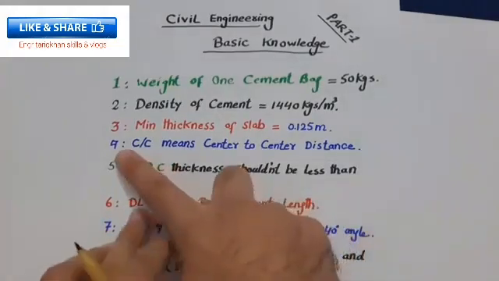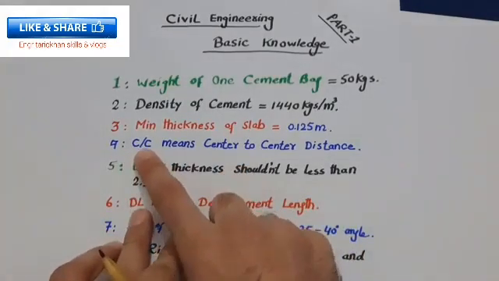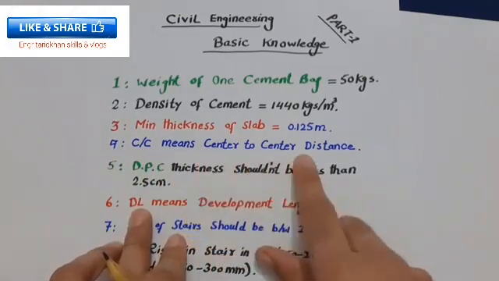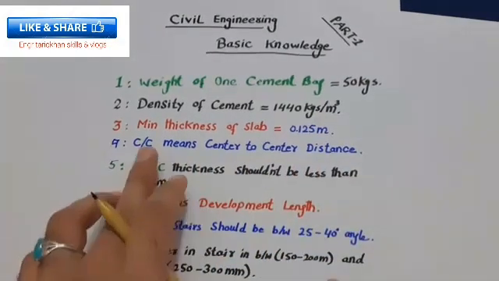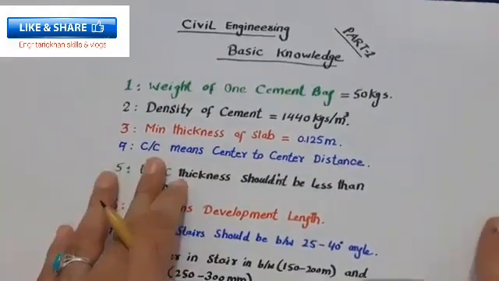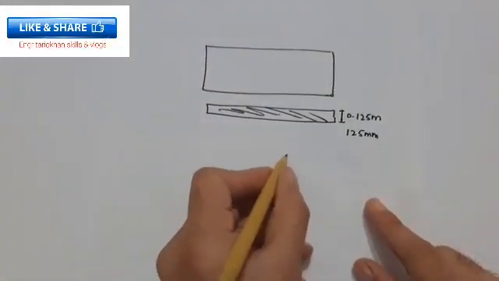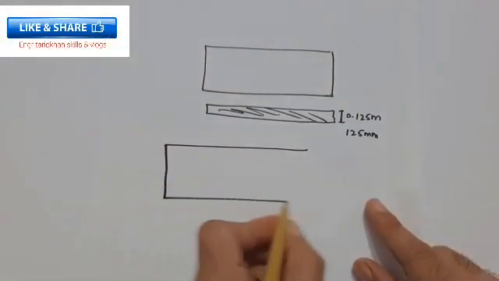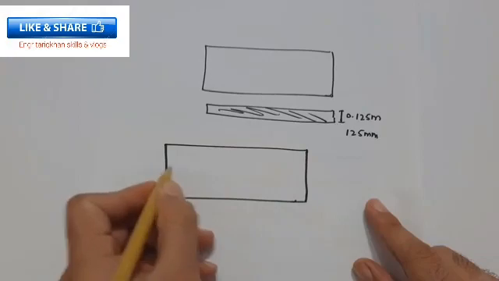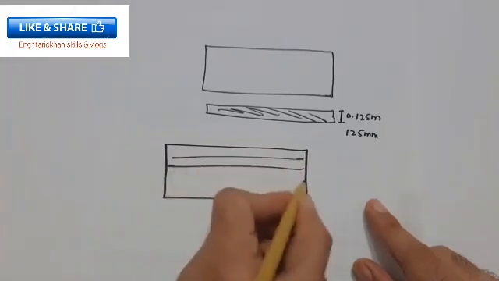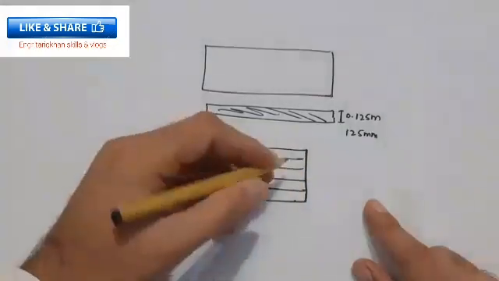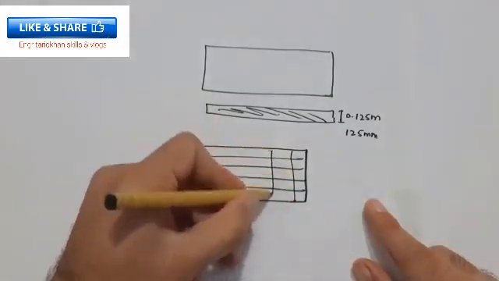Next, guys, the fourth one is C/C, which means center to center distance. C/C is especially used in the design of slabs or any RCC members. You can see this is a slab, and we are providing main bars and distribution bars.